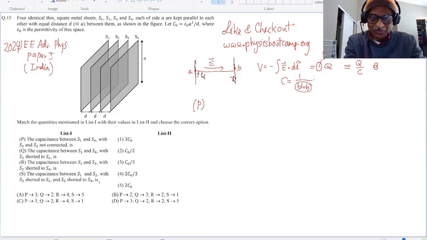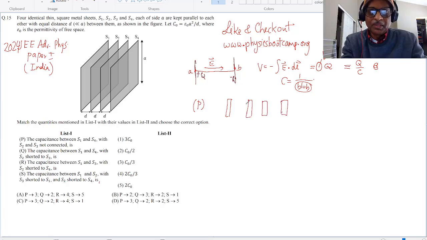Obviously that's not going to happen in a problem. But we want to do P, all right? So what it is between S1 and S4, with S2 and S3 not connected. We have plates, and of course each plate has 2 sides, and they're all at equal distance.